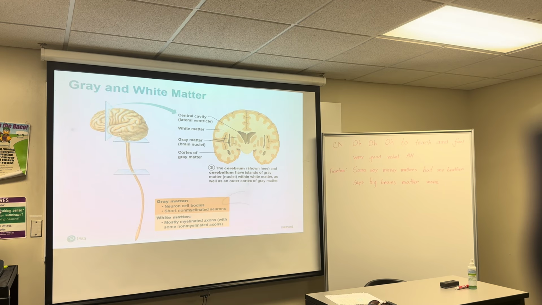Myelinated and non-myelinated. In your brain, the outer layer is the gray matter. They're not necessarily gray in color, just a little bit darker. This whitish part is the white matter. The reason it's white is that it mostly has myelinated axons. The gray matter mostly has cell bodies and short non-myelinated neurons.